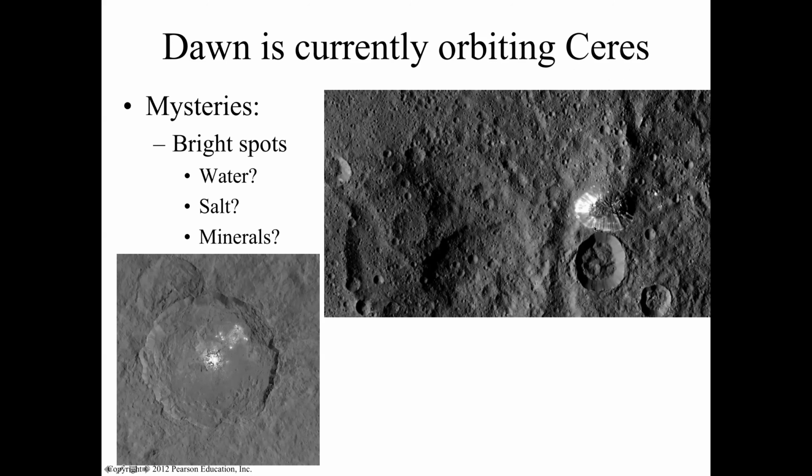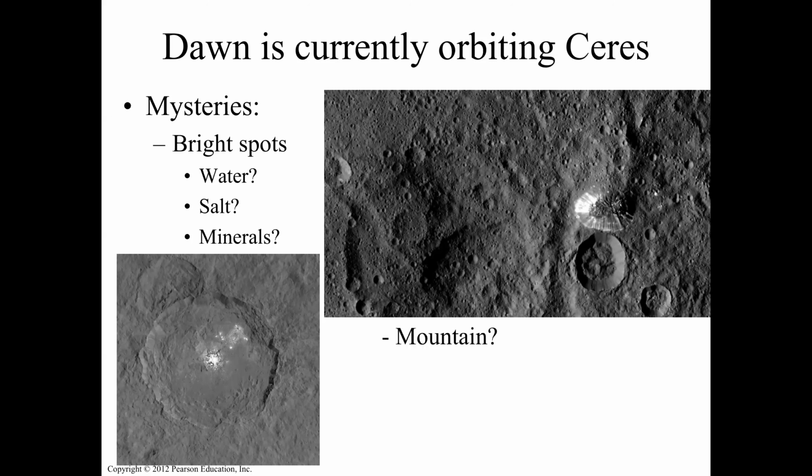You can see them here. Are they water, frozen water that is shining? Are they salt? Could they be minerals? Could these asteroids have come to the Earth when it was still warm and left their minerals, and eventually they ended up forming life on Earth?